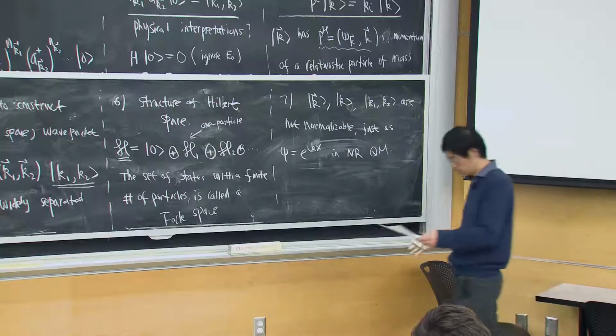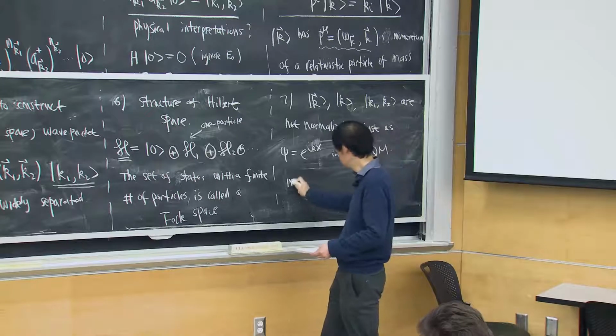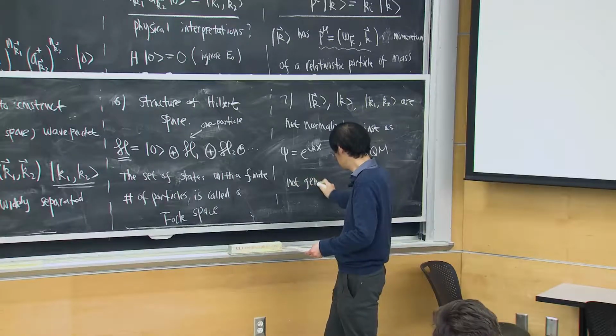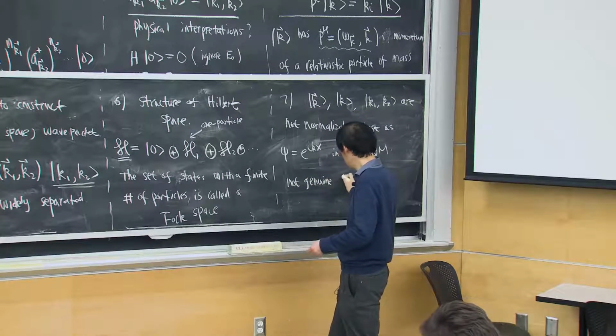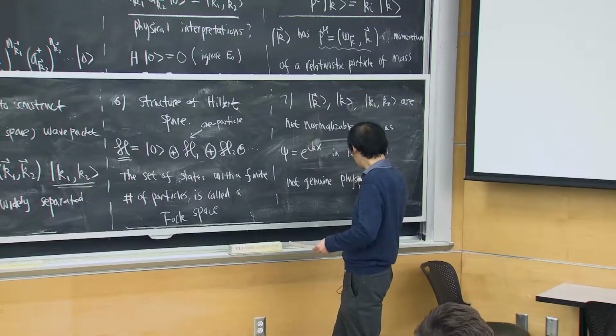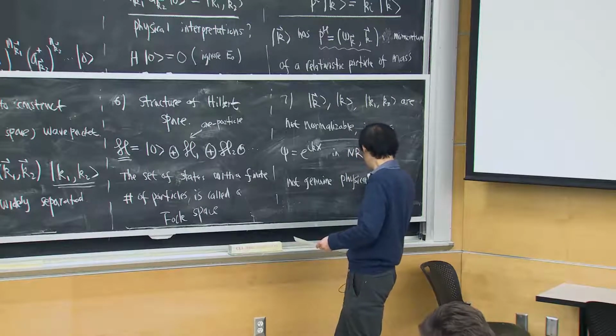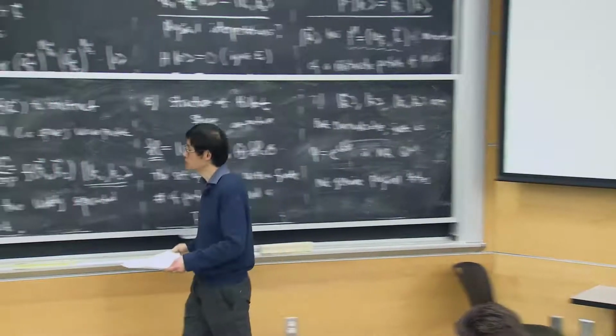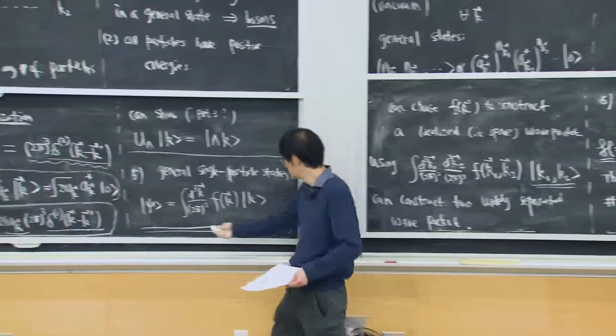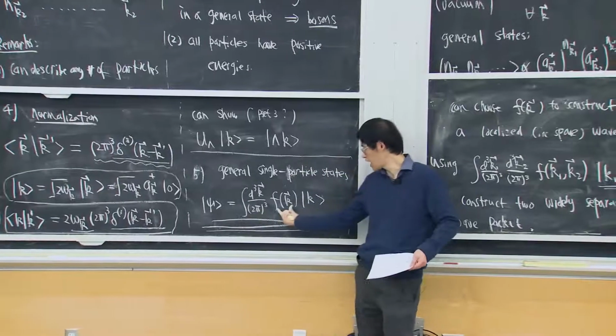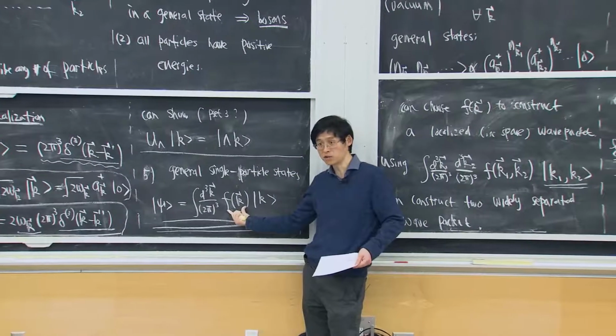So for a physical state, we have to consider, for example, this kind of state, and then you choose F(k) so that it is normalizable.